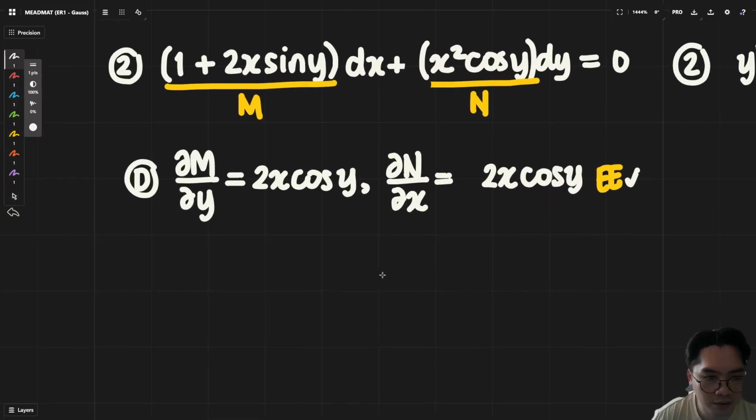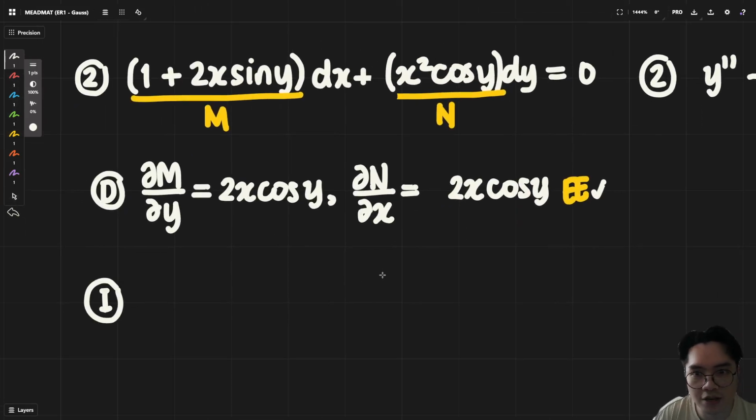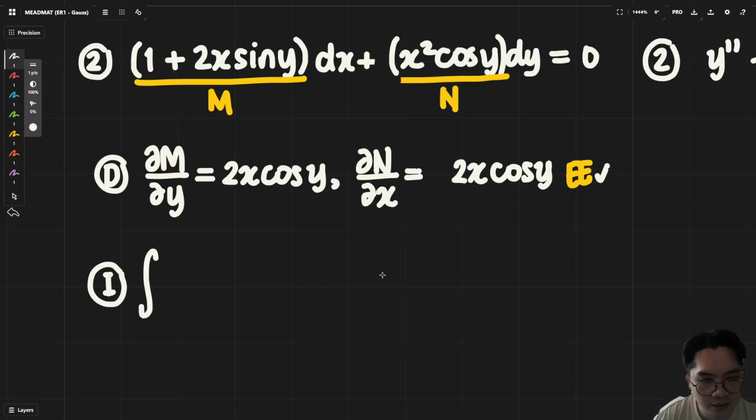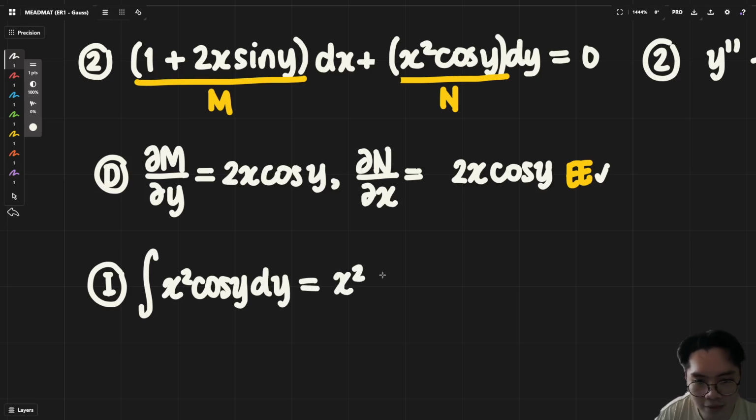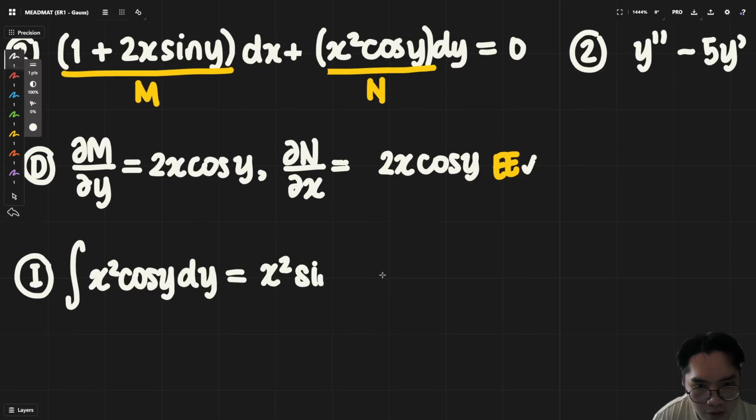Okay? So again, let's try and do this now for the other side, this one. X squared times cosine y dy would just give you, well, you don't mind the x squared, you just need sine y, and then you need to account for what you didn't integrate, which was a function of x.